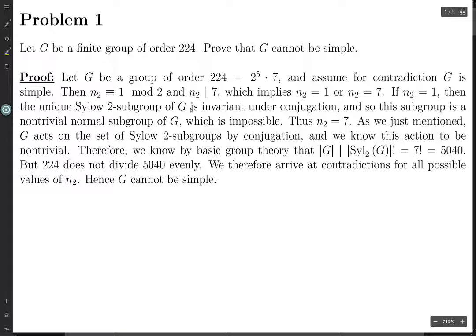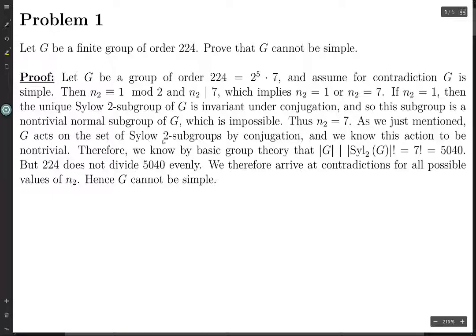So that means this is a normal subgroup, and it's a non-trivial subgroup, so therefore it's a non-trivial normal subgroup, and therefore G is not simple, which contradicts our assumption that G is simple. So therefore, n_2 must be 7.